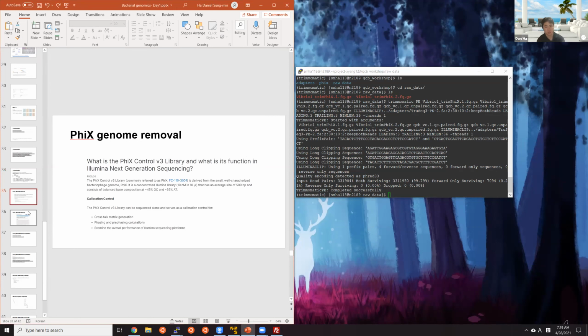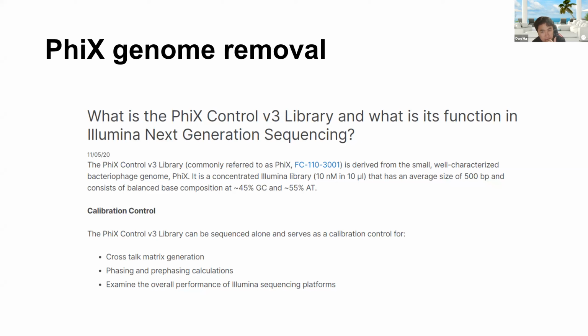So another thing I'm going to talk about is the PhiX genome. The PhiX genome is a bacterial phage genome, a virus, which has a really short genome size, about 5,000 base pairs long. So what people do is they artificially insert the PhiX genome into their library so they can use it to calibrate the sequencing platform.